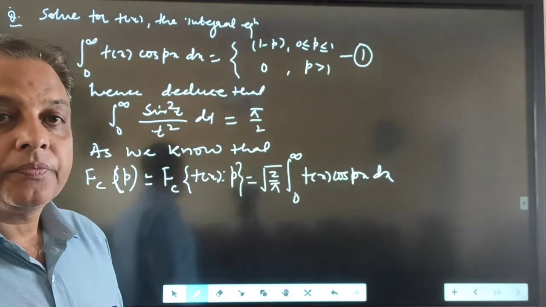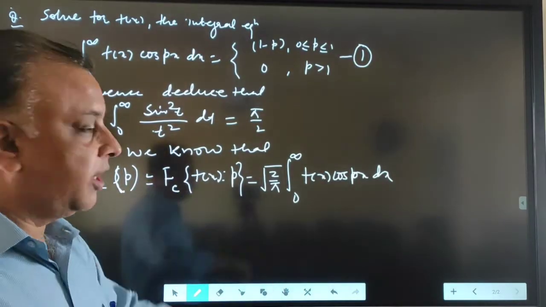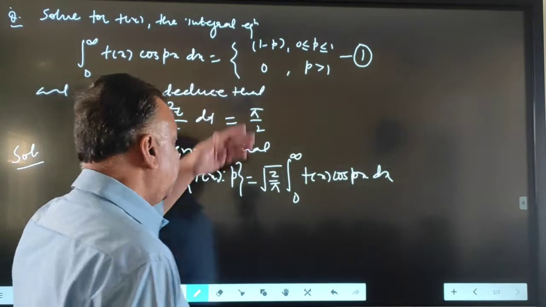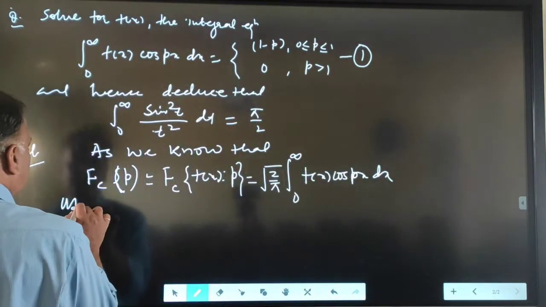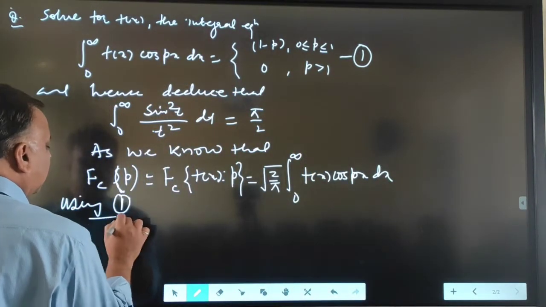This is the Fourier cosine transformation.